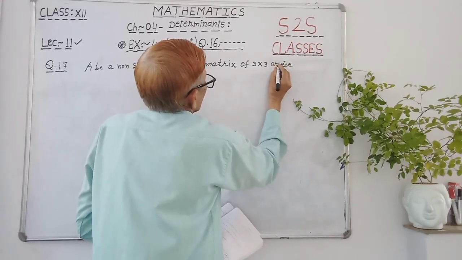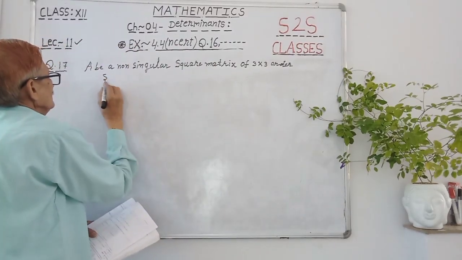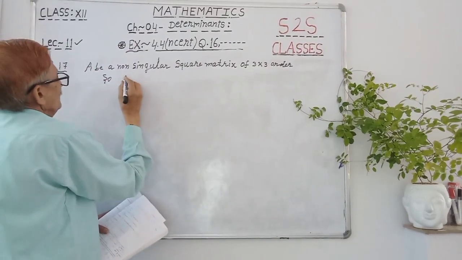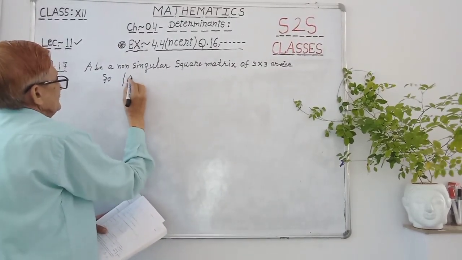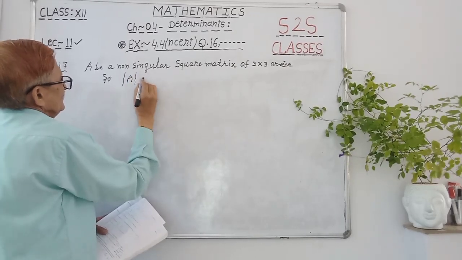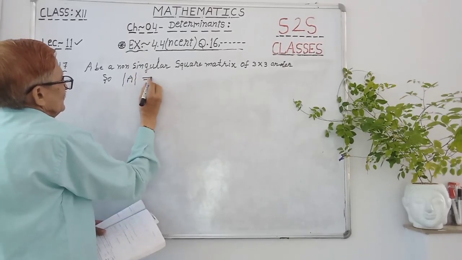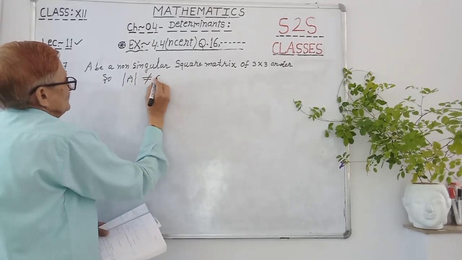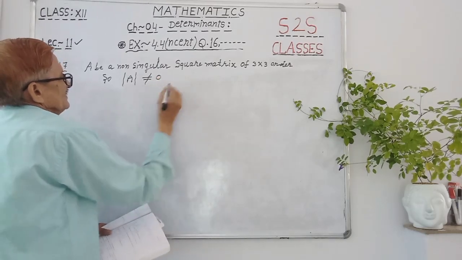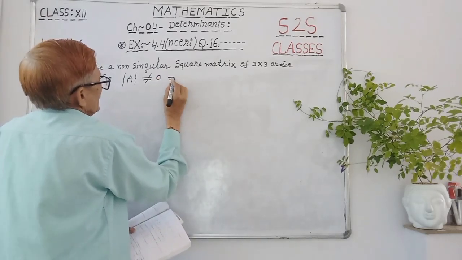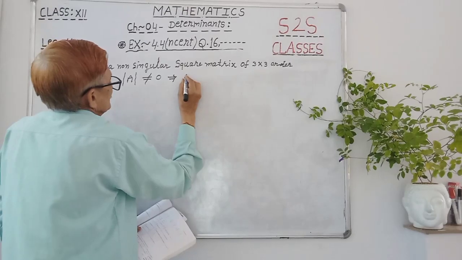So we know that determinant of A, if non-singular, is not equal to 0. So this implies A inverse exists.